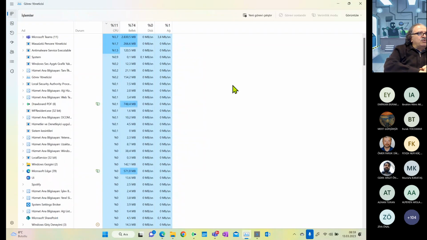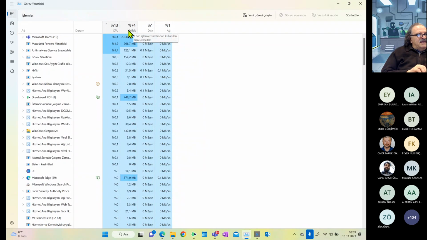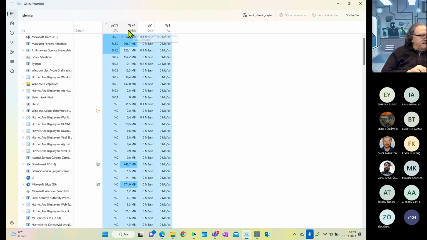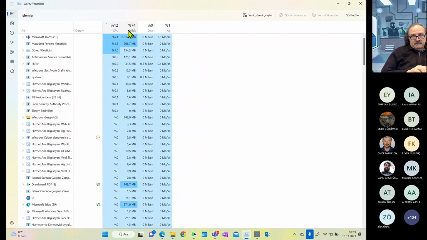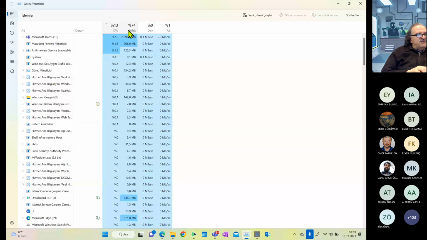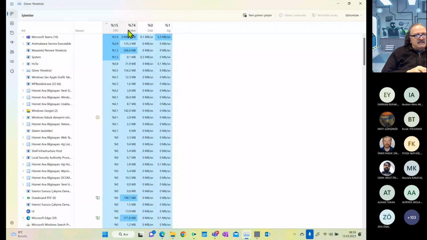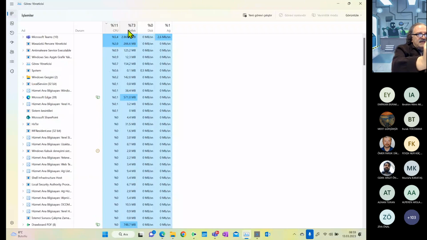But if I keep using too much memory, close to 100%, then things get very, very grim. Why? Because I don't have enough space to do the context switching, right? When I switch from one process to another process, I have to keep, it's like this.